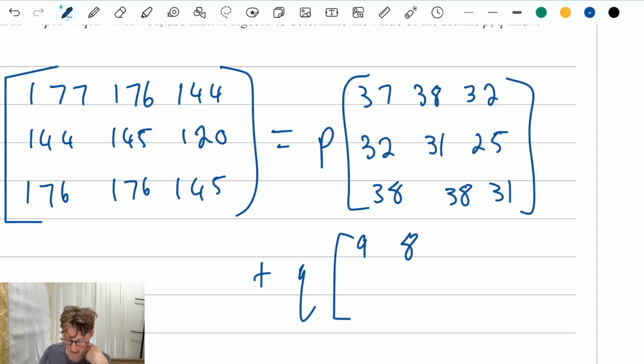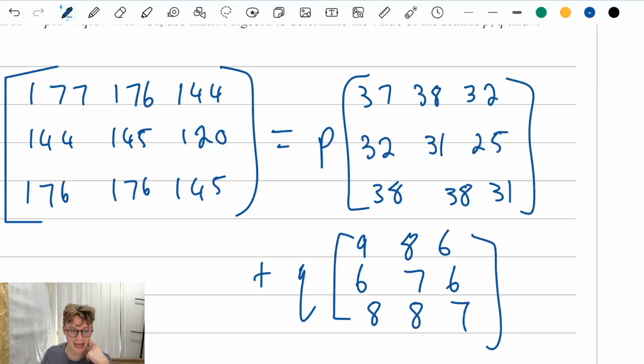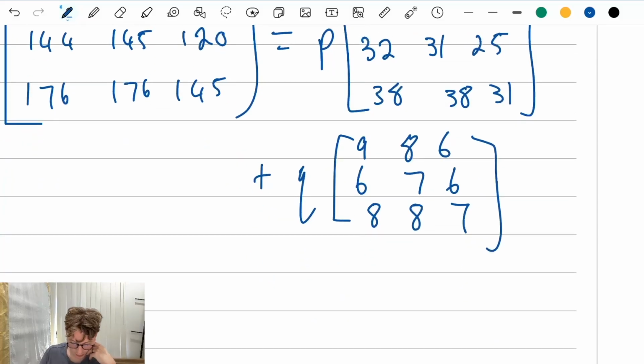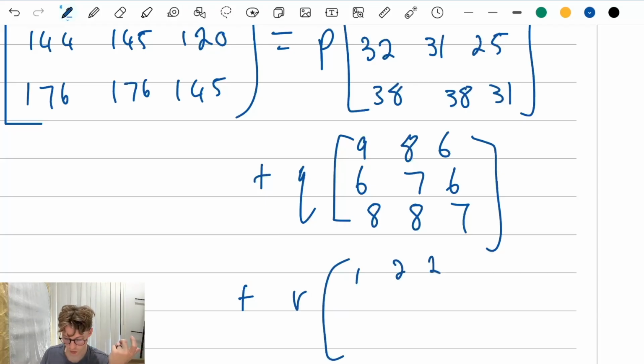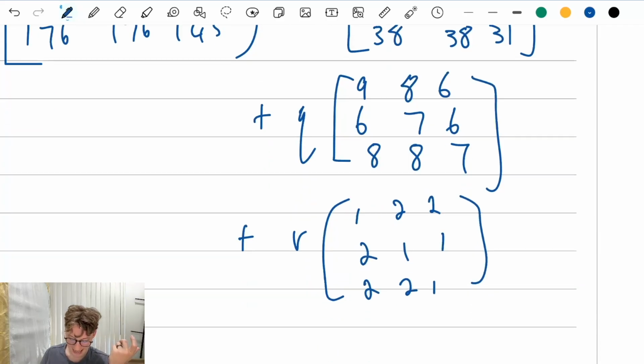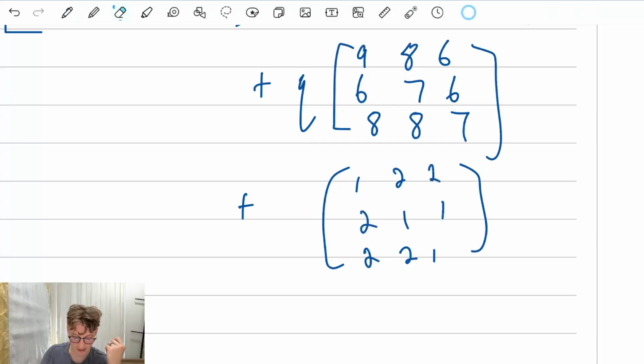That is 9, 8, 6, 6, 7, 6, 8, 8, 7. And I now just do R. R is just A as it normally is. That is 1, 2, 2, 2, 1, 1, 2, 2, 1. Let me make my R look a little bit neater.